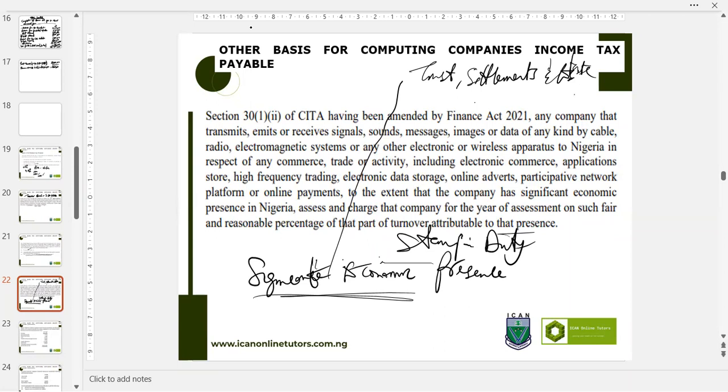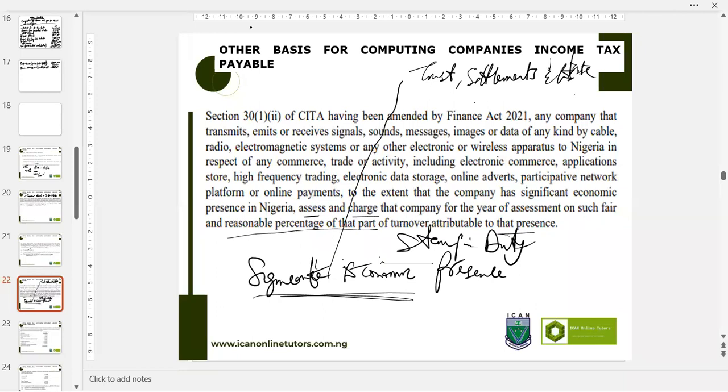So Section 31, subsection 2 of CITA, having been amended, provides that any company that transmits, emits, or receives signals, sounds, messages, images, or data of any kind by cable, electronic data storage, online adverts, participative network platform, or online payments, to the extent that the company has significant economic presence in Nigeria, the FIRS may assess and charge that company for the year of assessment on such fair and reasonable percentage of that part of turnover attributable to that presence.